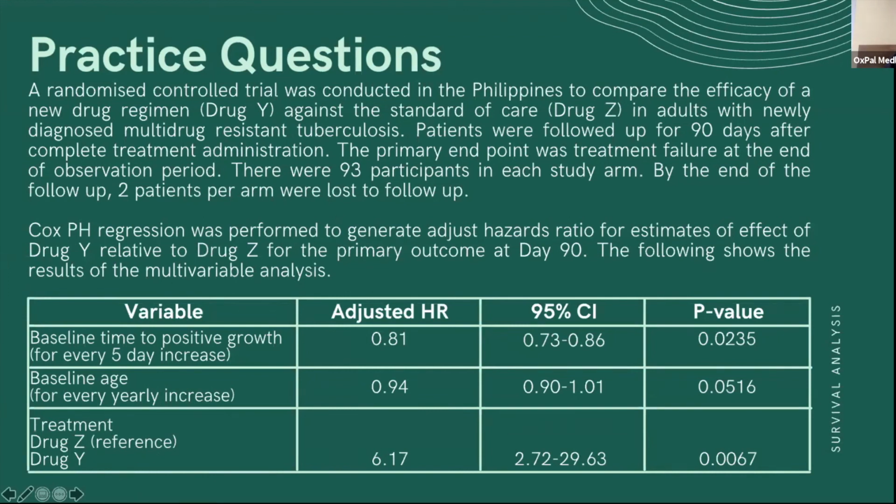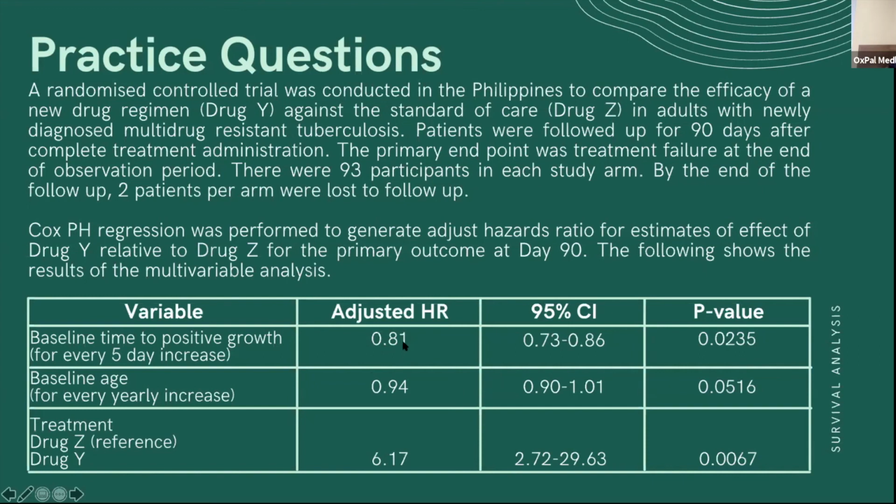I'd normally ask you to interpret this, but due to time constraints, I'm going to guide you through this. Again, Cox regression generates hazard ratio, confidence interval, and p-value. Let's start with the baseline time to positive growth. The hazard ratio here is 0.81.